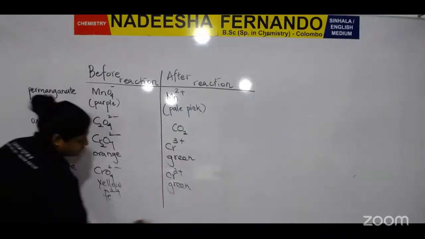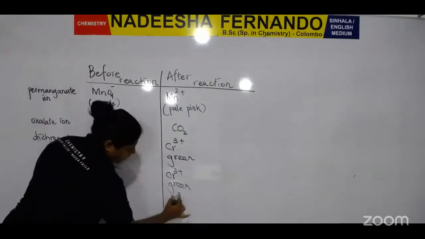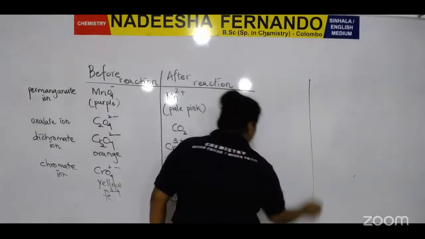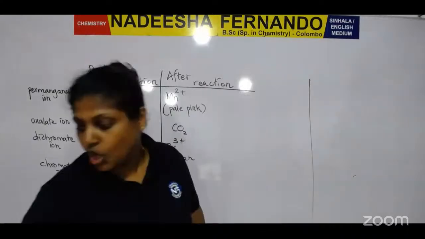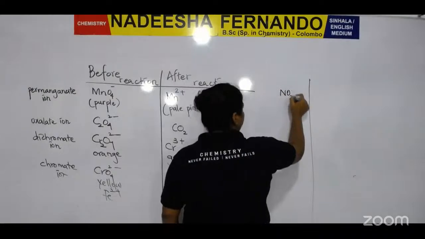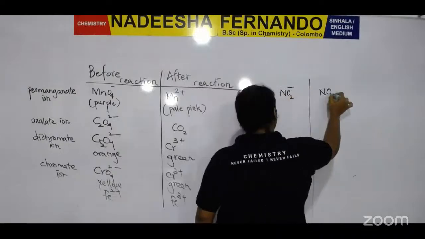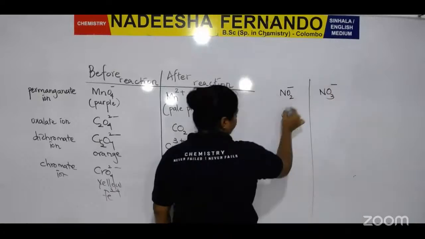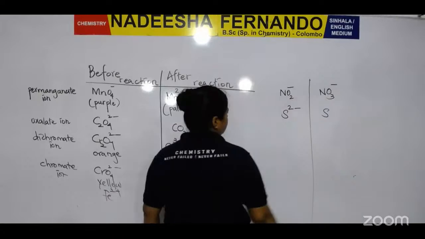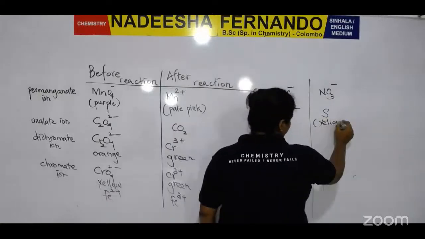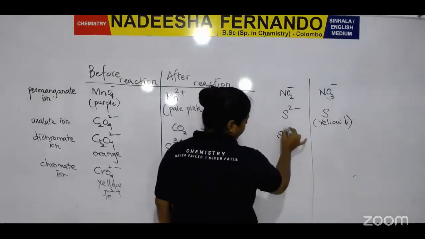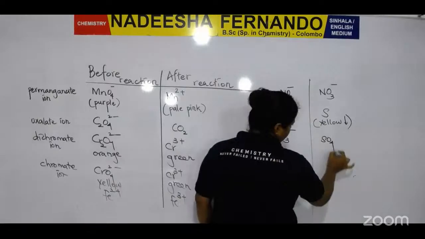Fe2 plus is oxidized to Fe3 plus. NO2 minus changes to NO3 minus. Sulfide changes to sulfur, a yellow precipitate, and sulfide can also change to sulfate.